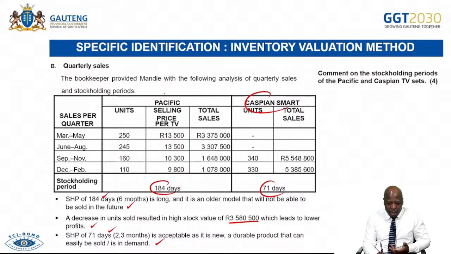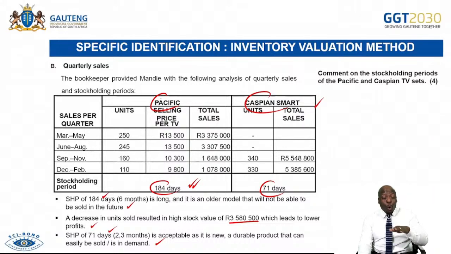So we commented on the Pacific, which is the older one, taking 184 days, so it will be a challenge to sell it because newer models are coming in, such as your Caspian. As the new model is in, it is durable and customers are demanding it. So this is 184 days, this is 71 days.